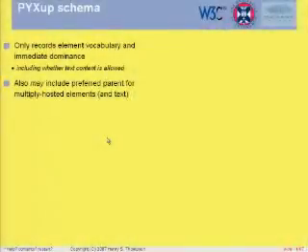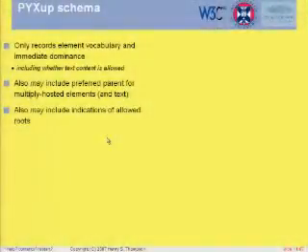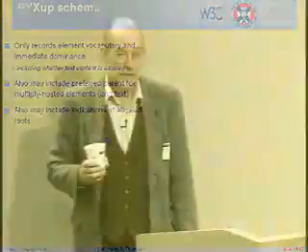It may include information about preferred parent. So if the same element can appear as the child of multiple parents, and you want to know, other things being equal, suppose I had a document that consisted only of this element, what parent ought I to embed it in? Well, you can give me a hint about that, and similarly for text. And it may tell you what elements are allowed to be the root, but it doesn't have to. Those are additional bits of information.